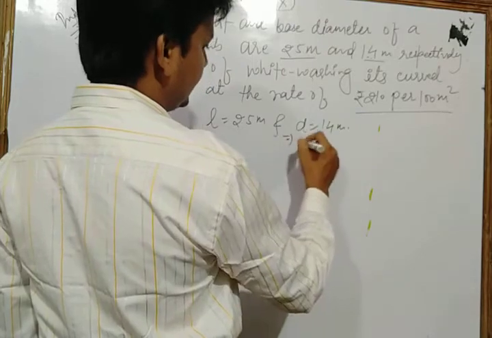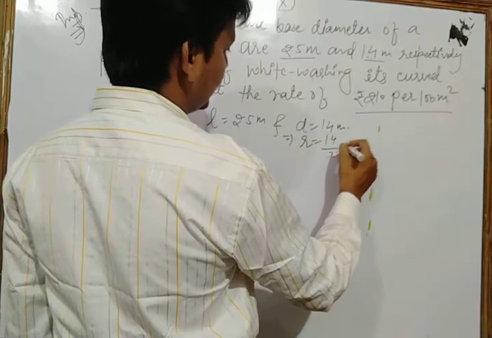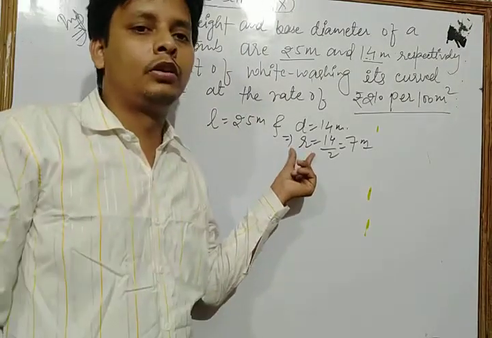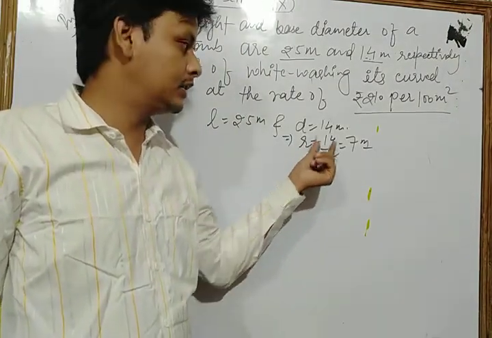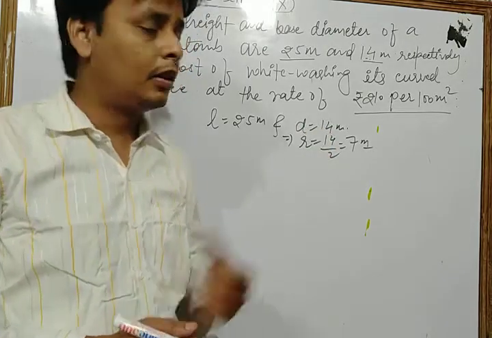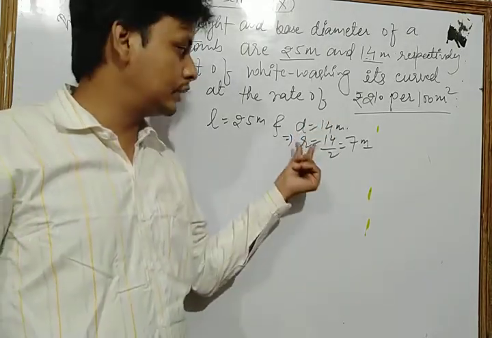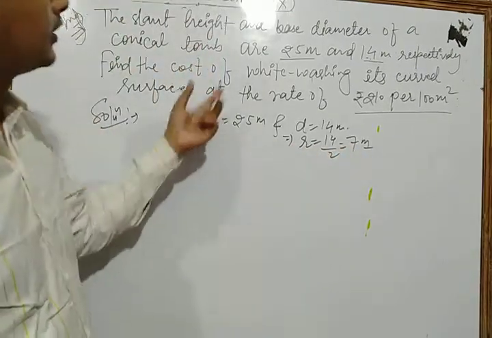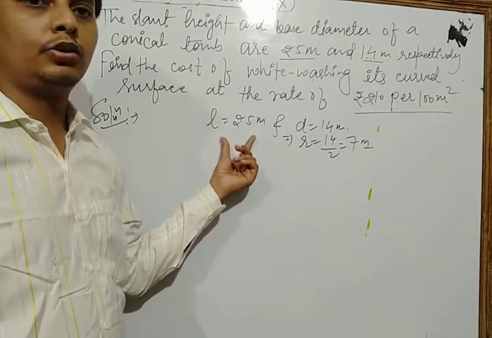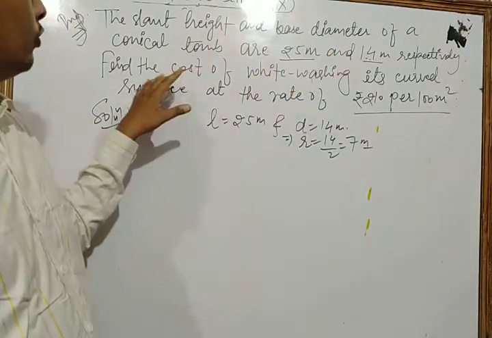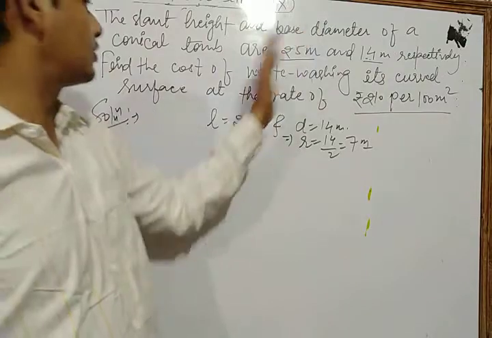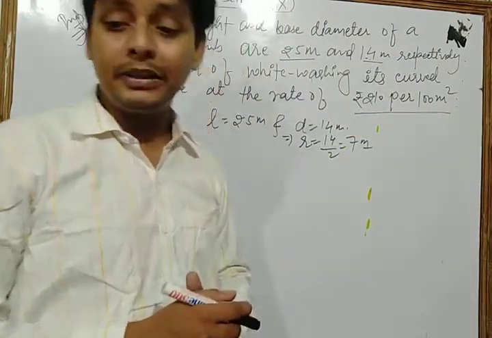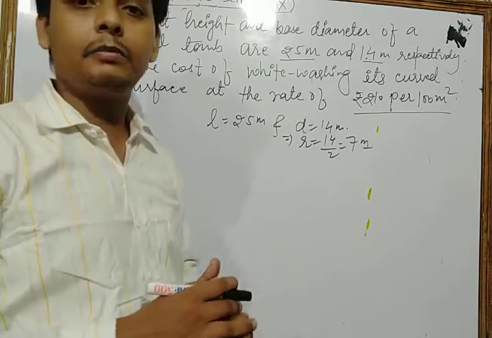The diameter is 14 meter, so its radius is 14 upon 2, that is 7 meter, because we know that the radius of a circle is half of the diameter. The slant height of the conical tomb is 25 meter. Now find the cost of whitewashing its curved surface at the rate of 210 per 100 meter square.